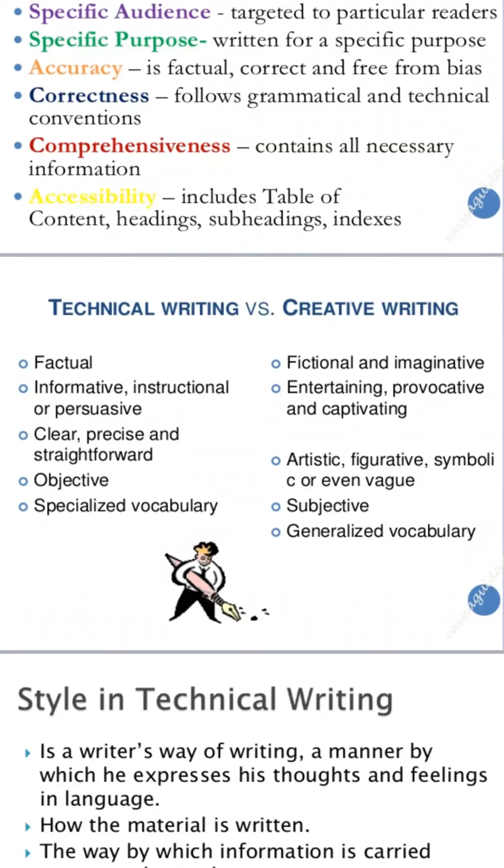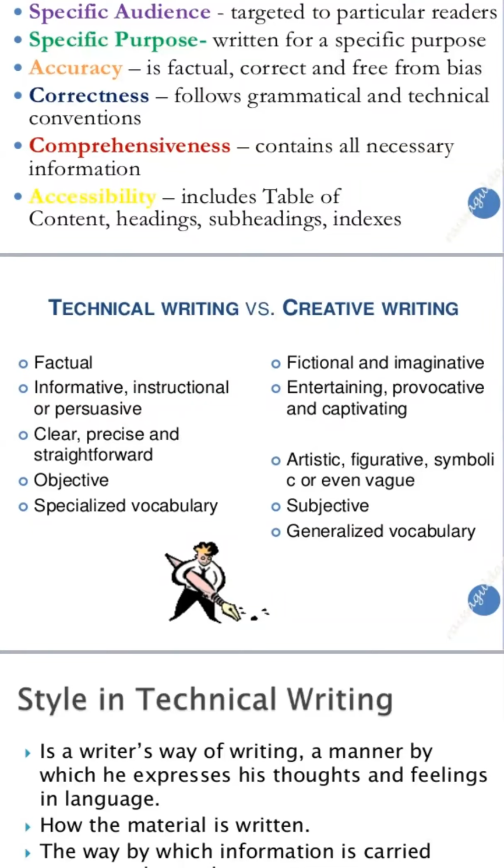When all these elements are present in our writing, it is not clear, it is vague, and when it is vague, it is subjective. And the vocabulary you have used is generalized vocabulary, not specialized vocabulary. So you can easily differentiate creative writing from technical writing.